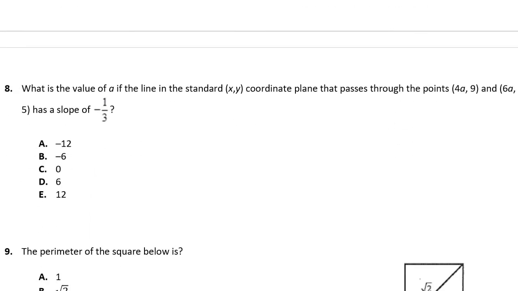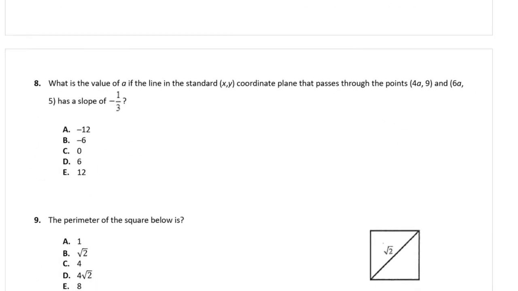The next question says, what's the value of a, in the standard xy coordinate plane, for a line that passes through this point and this point? All right. I'm going to write them out so you can see, because that form is not showing very well.